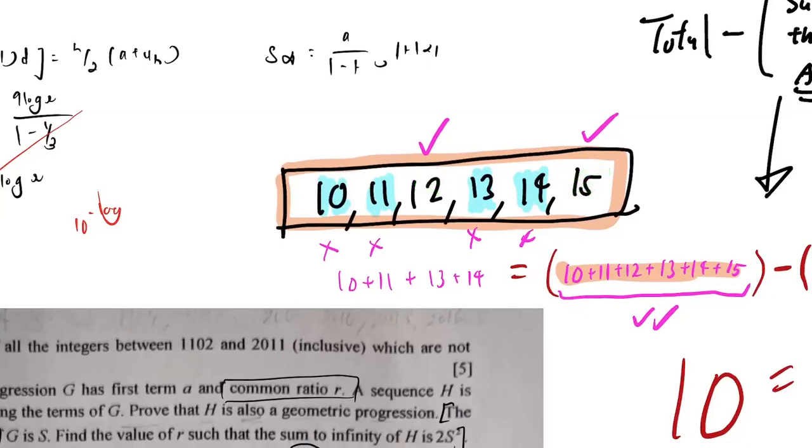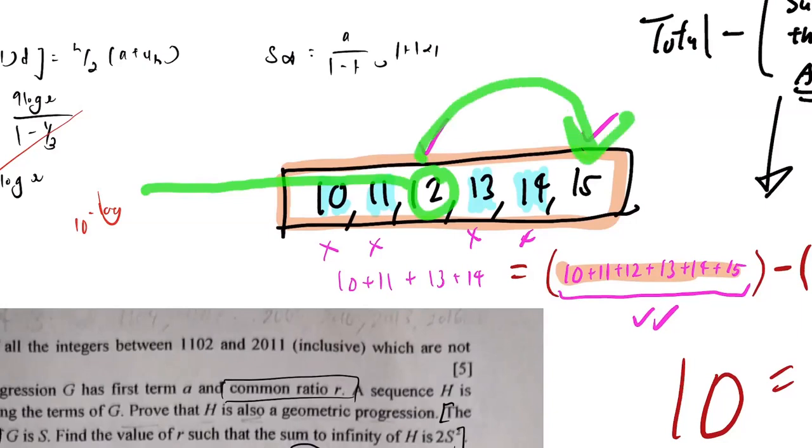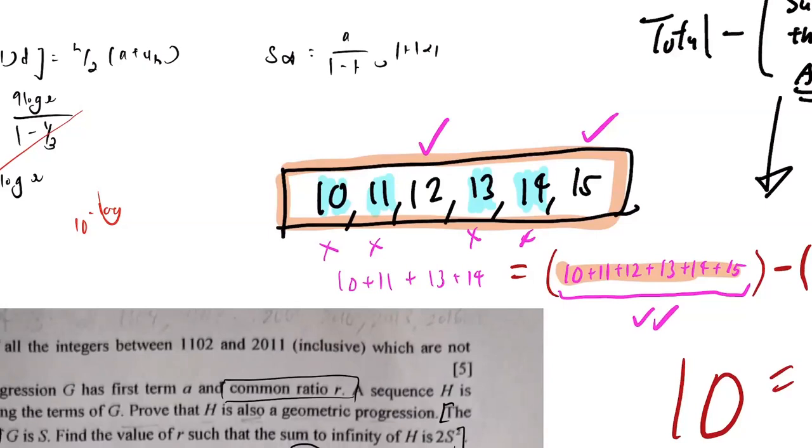I scanned through the numbers from 10 to 11, and finally I hit the first number that is divisible by 3. Then the next number must also be divisible by 3 by adding on a copy of 3, right? And the next one also, 18, and 21, and 24. Does that make sense?